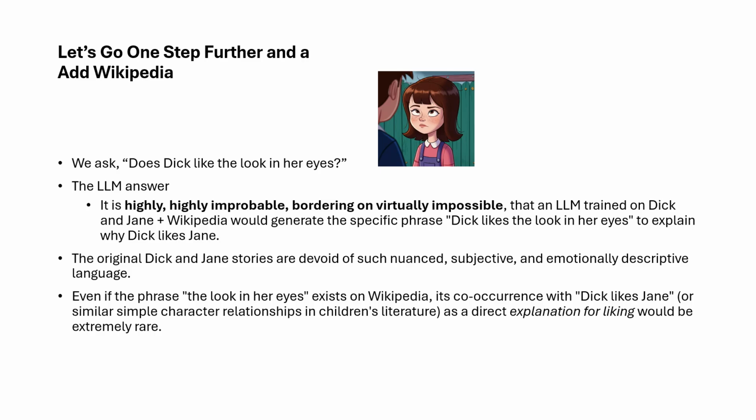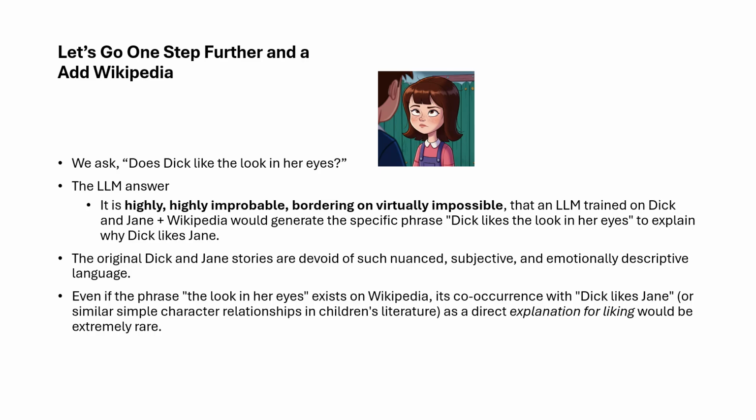Let's go one step further and add all of Wikipedia into the Dick and Jane reader, into the LLM. And then we ask, does Dick like the look in her eyes? Now, we know he likes the look in her eyes, right? Who wouldn't? But the LLM answer would be, it'd be highly improbable, bordering on virtually impossible, that an LLM trained on the Dick and Jane readers plus Wikipedia would generate the specific phrase that Dick likes the look in her eyes.